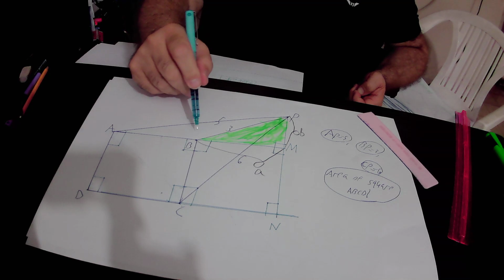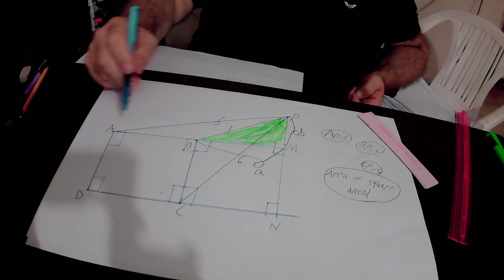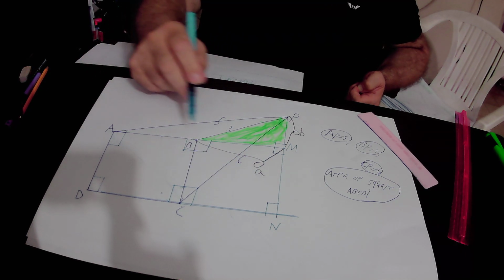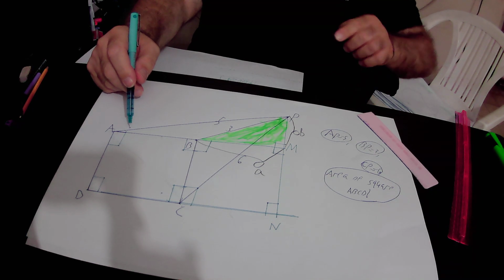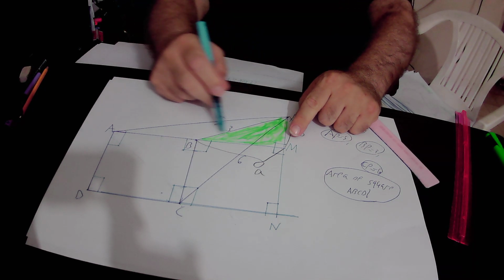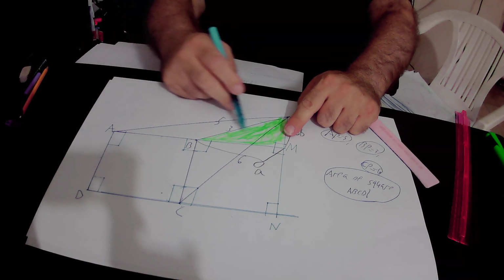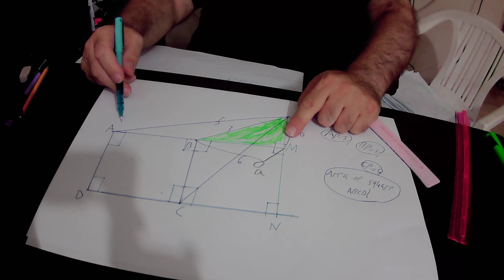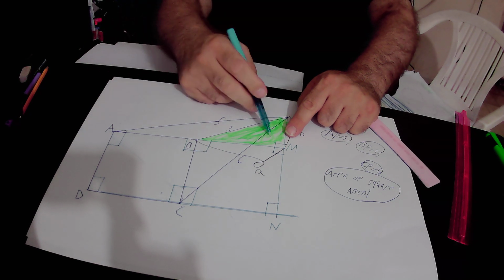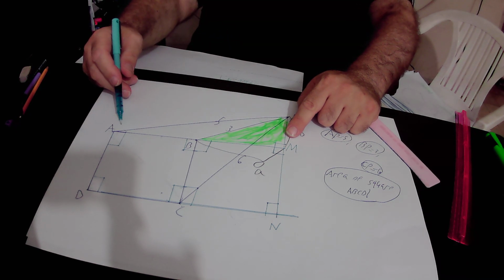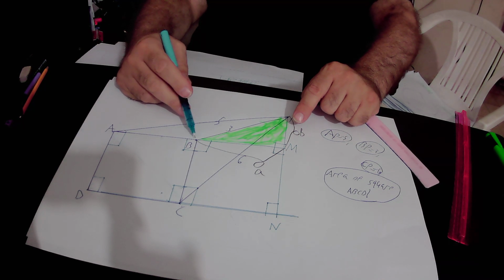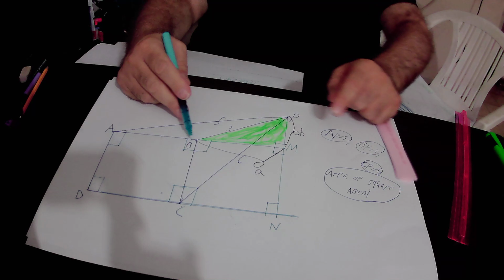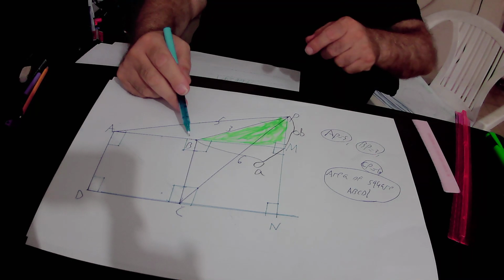So inside quadrilateral BMCN, we have 4 right angles. We'll return to this quadrilateral later. So we focus on the lower side of line segment AM, and the lower side of line segment AM is point B. This angle equals 90 degrees, and this angle also equals 90 degrees. 90 degrees plus 90 degrees is 180 degrees.